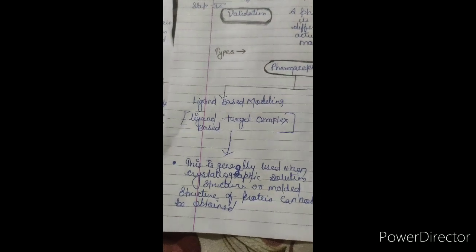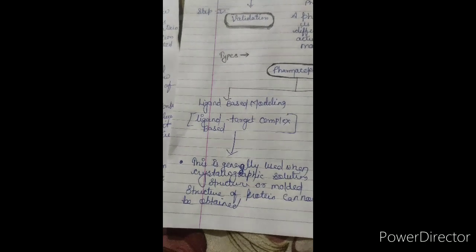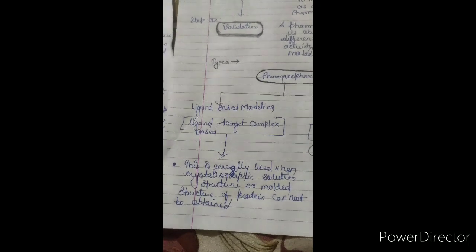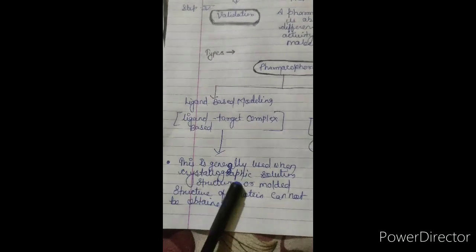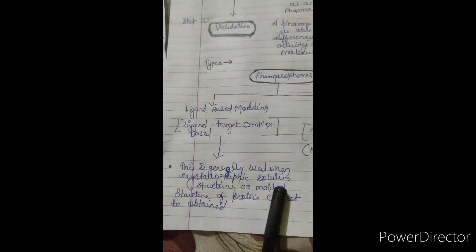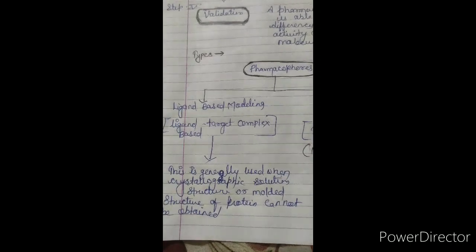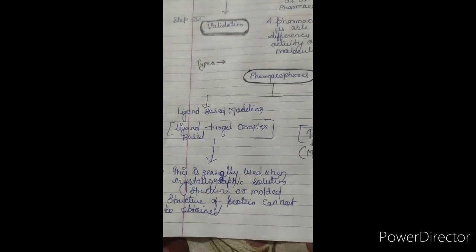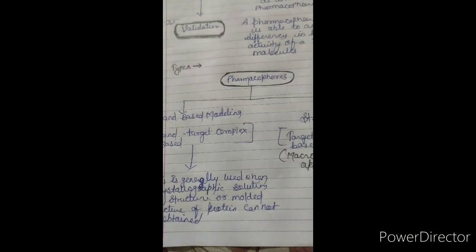This modeling is generally used when we don't have any protein structure, when the crystallographic solution structure or modeled structure of the protein cannot be obtained. As I already told, there are a huge number of ligands present in our library.